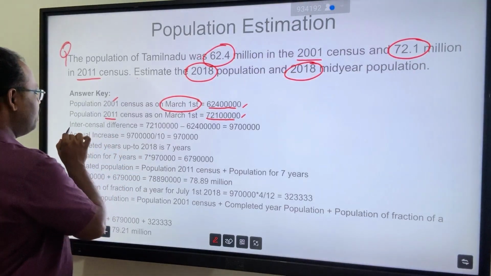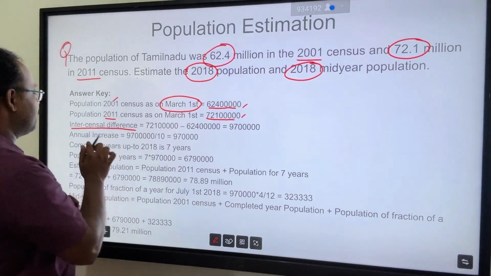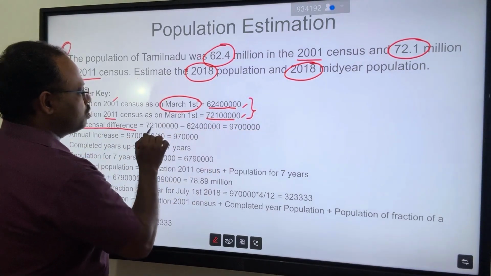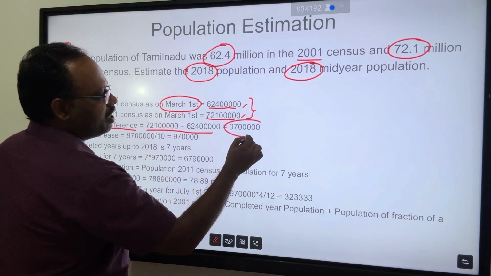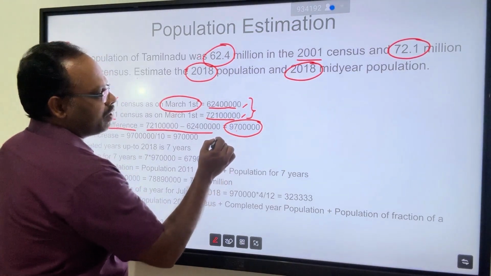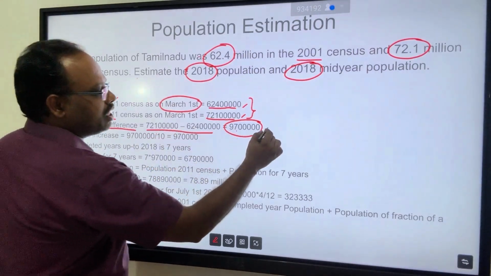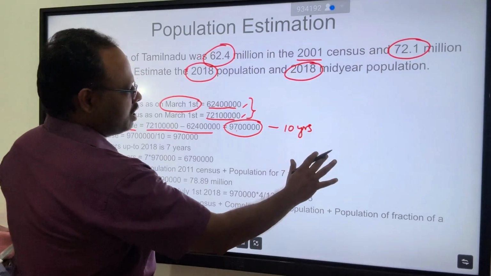Next step is we need to calculate the intercensal difference, that is the difference between these two. Approximately, we have got a 97 lakh increase in population. So this is the increase for 10 years, that is from 2001 to 2011.